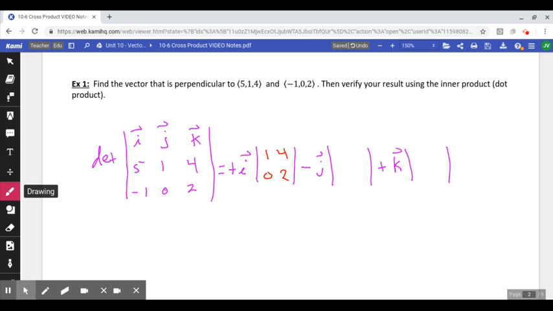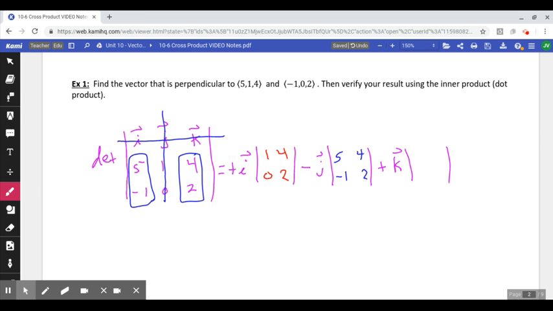So for j, you're going to take the row that j is in, the column that j is in, and then you're going to see 5, negative 1, and 4, 2, and that's going to be the new 2 by 2 matrix on the right-hand side that belongs with j. So I'll write 5, 4, negative 1, and 2 there.